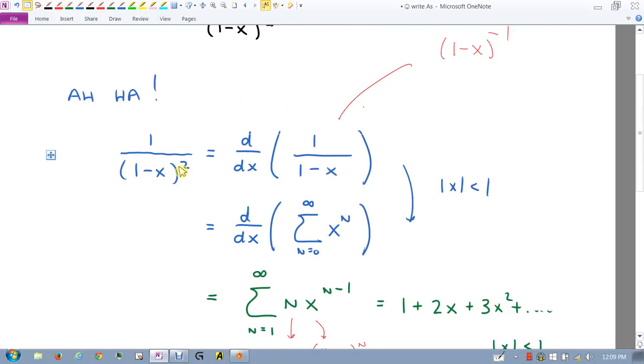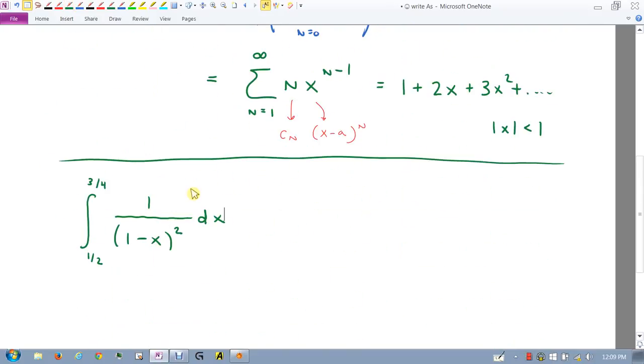I had to realize that that was a derivative of something. But let's just say I'm not going to try and get that antiderivative. I actually know that this right here, written as a power series, is this, isn't it? So what I could do is instead integrate from 1/2 to 3/4 of 1 plus 2x plus 3x squared plus forever dx. Wouldn't that be the same thing? As long as the x was what?